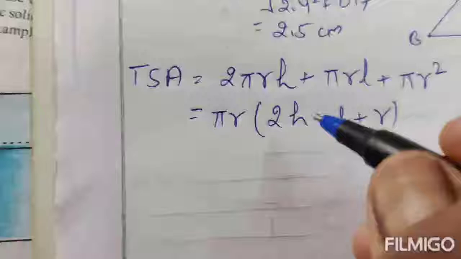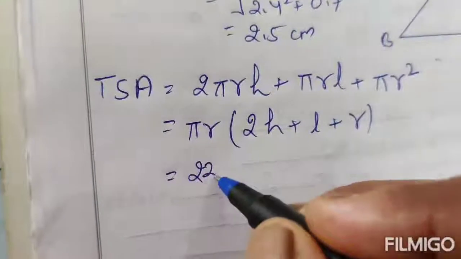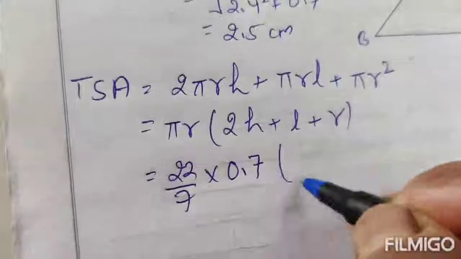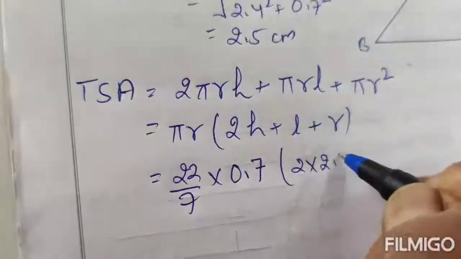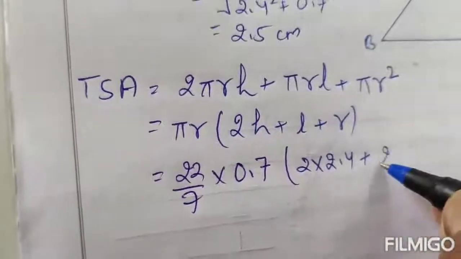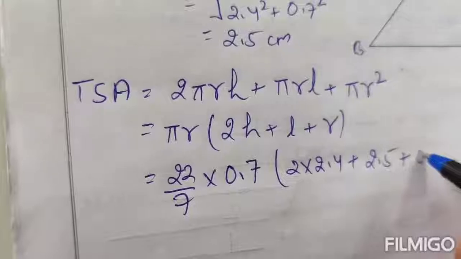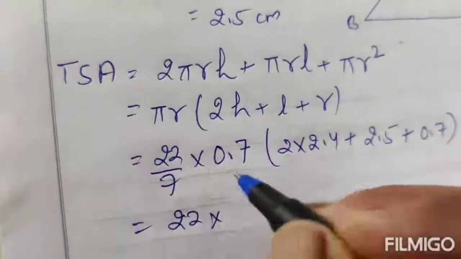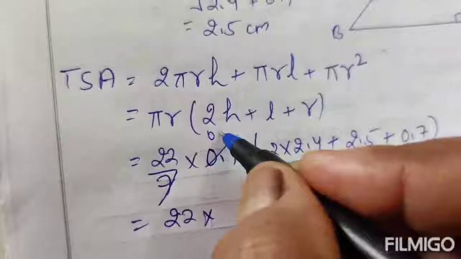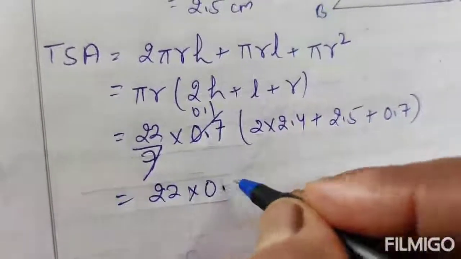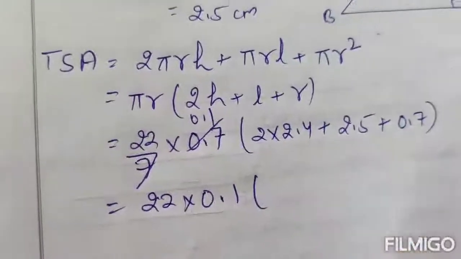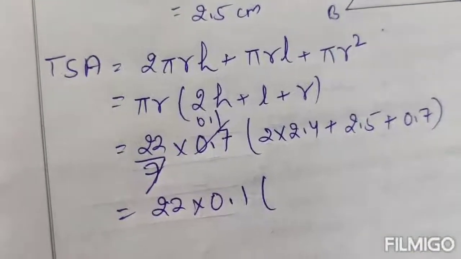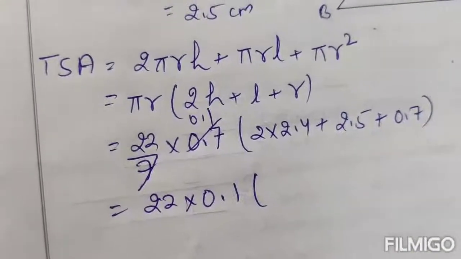Now put the values. Pi means 22 by 7. Radius is 0.7. 2 into 2.4 plus L is 2.5 and r is 0.7. Solve this. 22 into 0.1, cancel 0.1, and add this: 4.8 plus 2.5 plus 0.7.